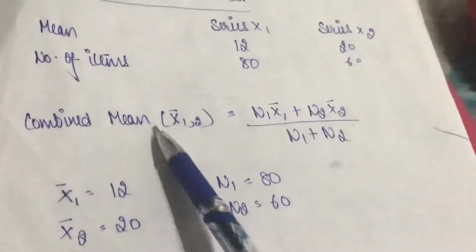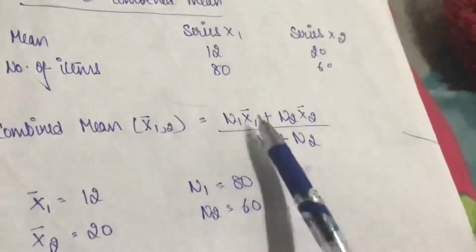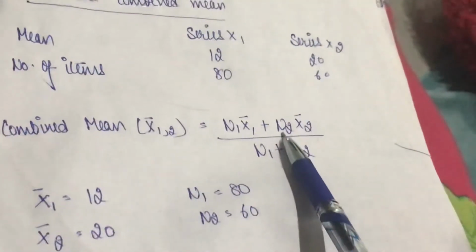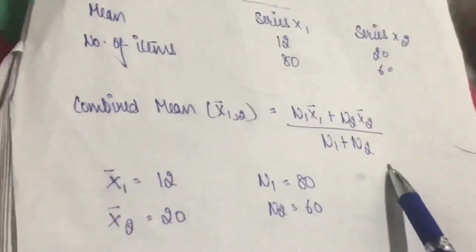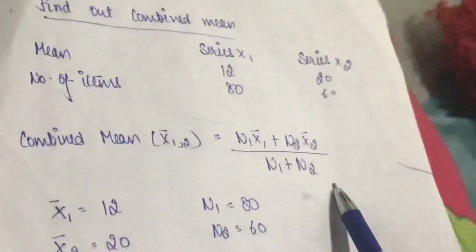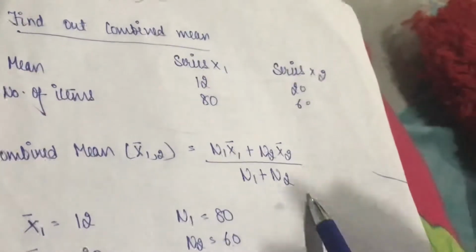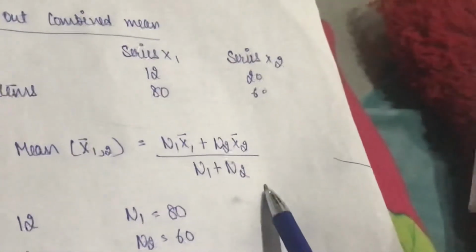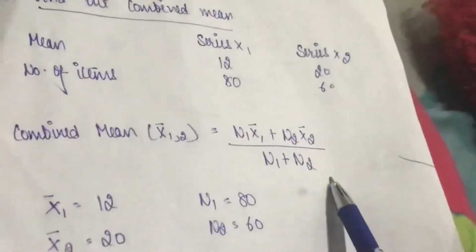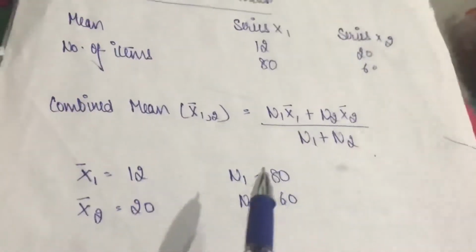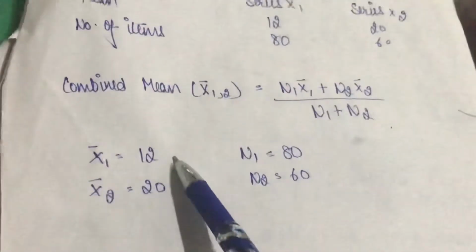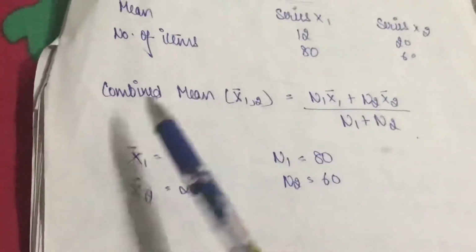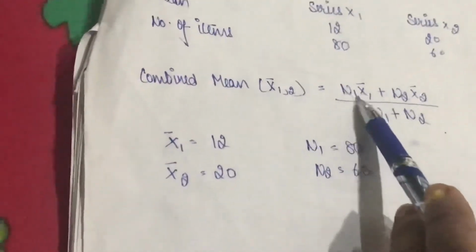This is the formula of combined mean: n1 mean 1 plus n2 mean 2 divided by n1 plus n2. There are so many formulas in the mean chapter, so you are supposed to learn all these formulas, and the numericals are not very difficult. Only the number of formulas is large.